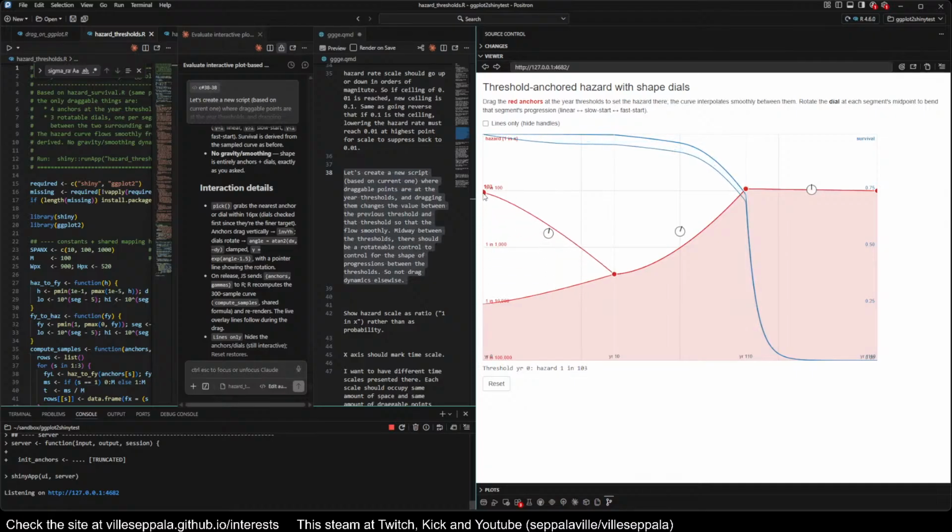This hazard should be higher. This yearly hazard here, or this should be increasing.